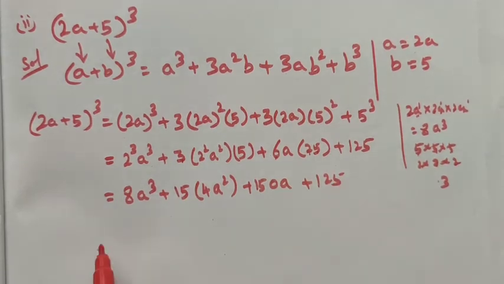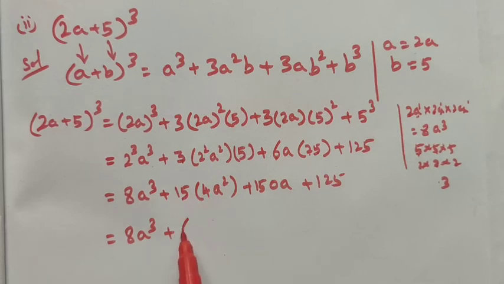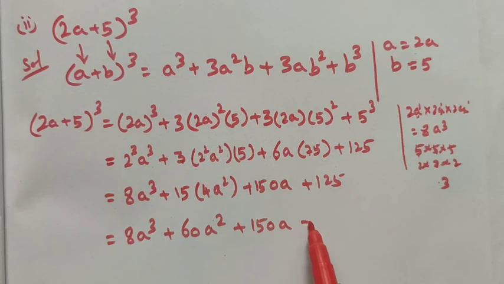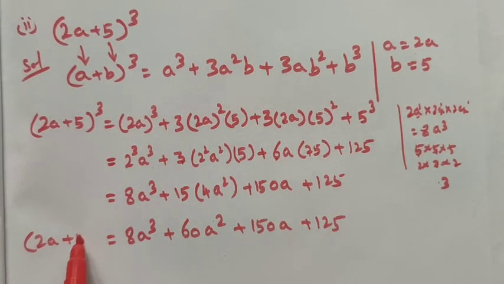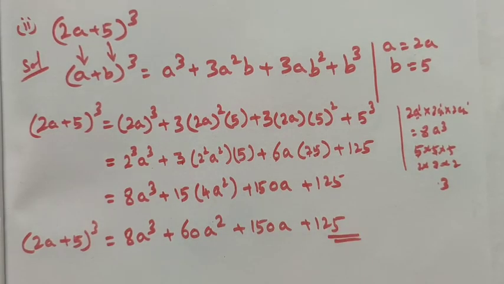This term is equal to 8a cube plus 15 fours are 60a square plus 150a plus 125. The expanded form of (2a + 5) whole cube is equal to 8a cube plus 60a square plus 150a plus 125. This is the answer. Thank you, students.